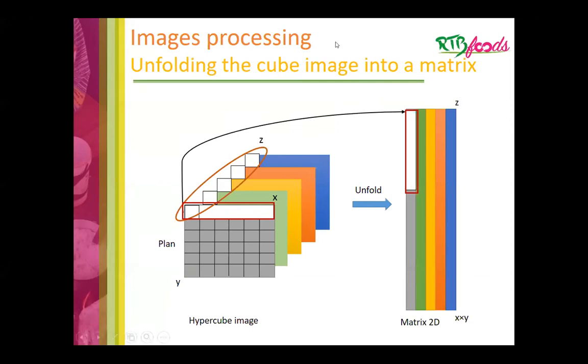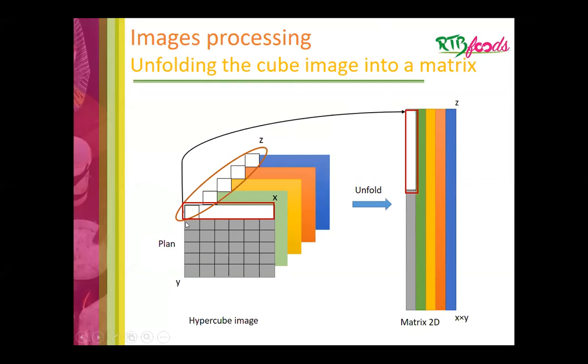To be able to apply the chemometrics methods to our hyperspectral images after selecting the region of interest, we need the image cube, named here hypercube image, to be unfolded into a two-dimensional spectral matrix.